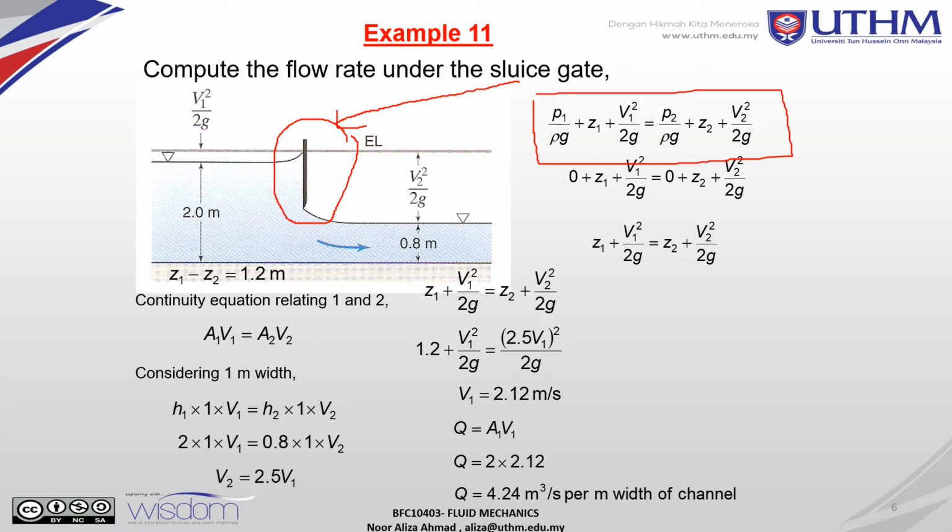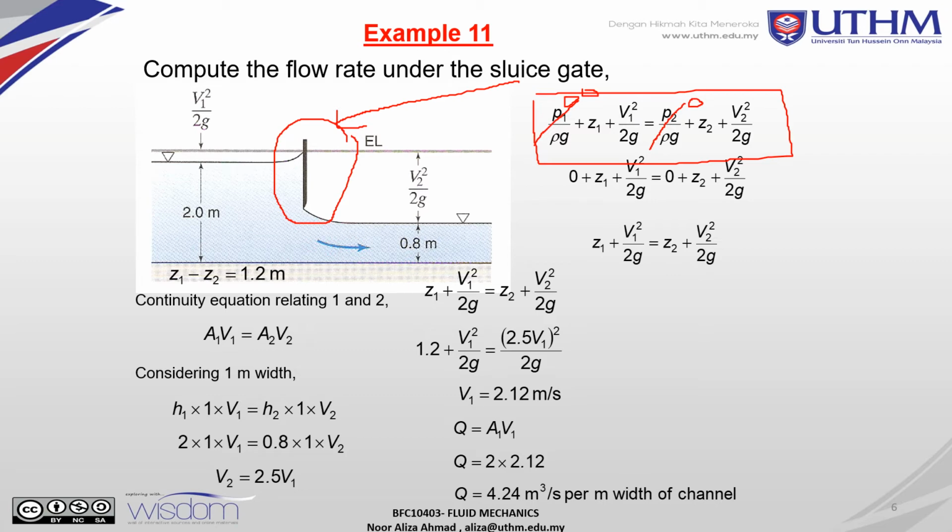This is open to the atmosphere, so the pressure is 0, and this is also 0 because it is atmospheric pressure. So we just have Z1 and Z2 and velocity 1 and velocity 2.